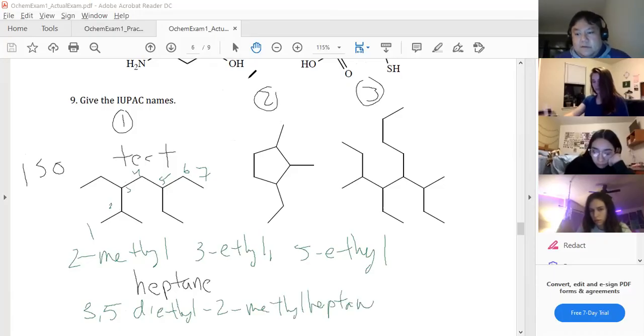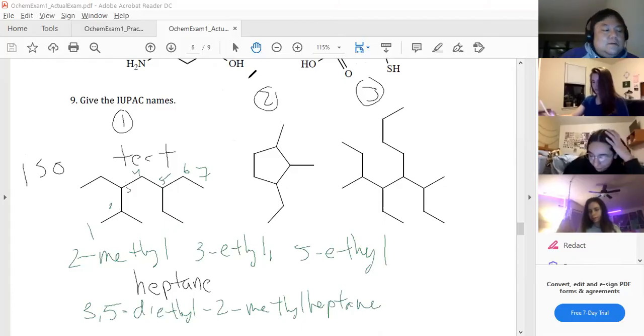Does that make sense? Is there a dash in between the 5 and the diethyl? Oh, yeah, sorry. Okay, just wanted to make sure. Yep, it's not the biggest sin to make, but yeah. If you're doing this on like Sapling or Springer or whatever, you'd probably need it if you guys do the online assignments.